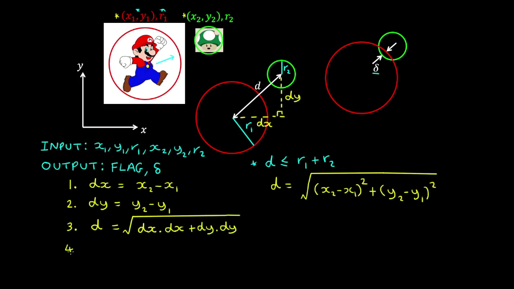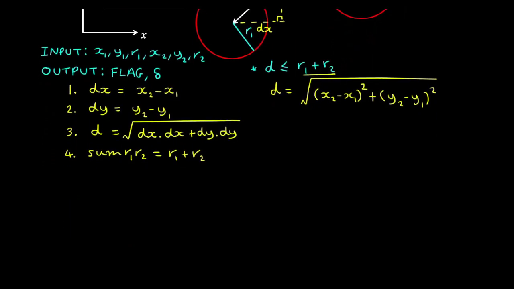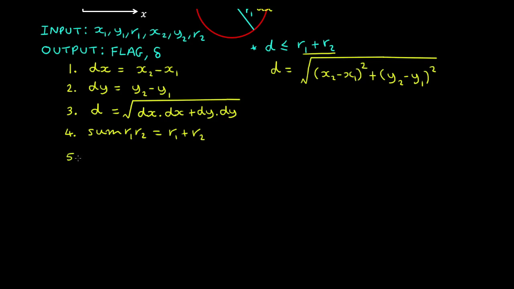And in the next line of code, we calculate the sum between the radii of the spheres, which we'll call sum r1, r2. So that will be r1 plus r2. And in the next line of code, we check if the distance between the spheres is less than or equal to r1 plus r2.